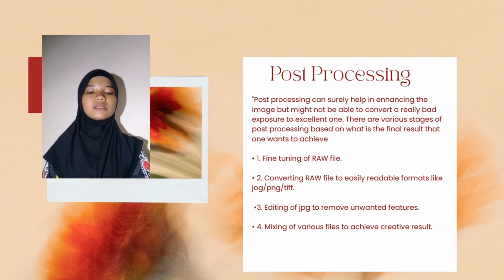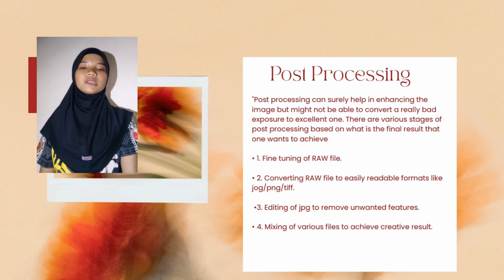So we have step 3, editing JPG to remove unwanted elements. Meaning, sometimes you need to clean or fix the photo by removing distractions or imperfections. So we have the last step of post-processing, mixing various files to achieve a creative result.